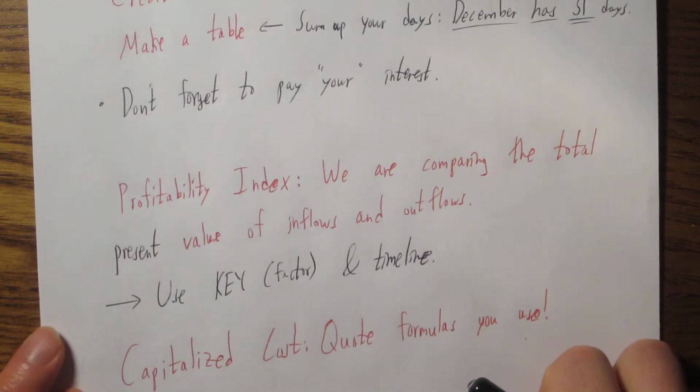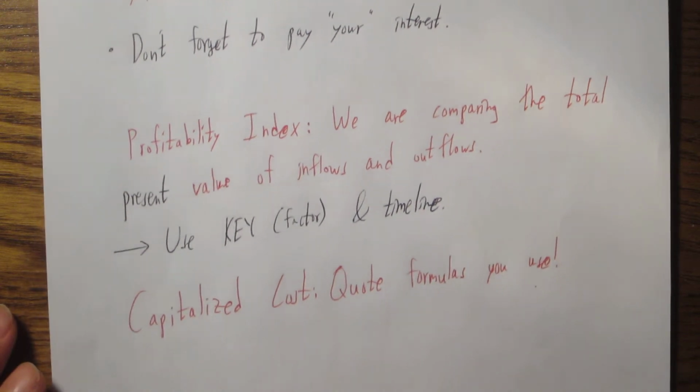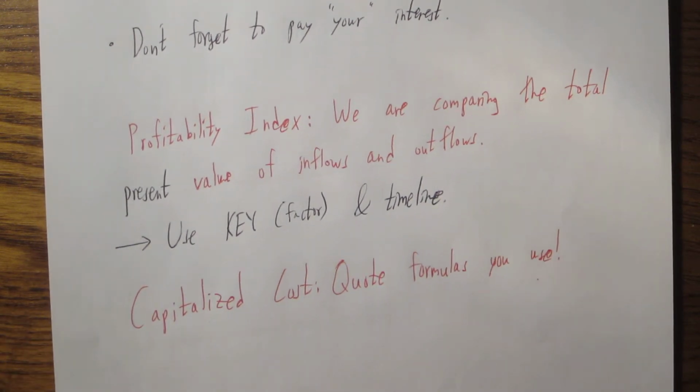Profitability index. Notice that we are comparing the total present value of inflows and outflows. So you need to, as usual, have the factor, timeline, move things back to year 0 or time 0. Capitalized cost. You have a nice formula.